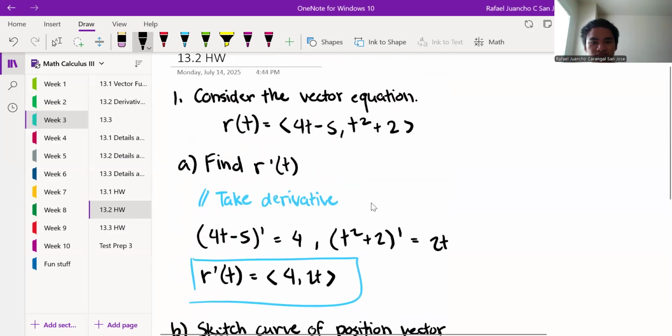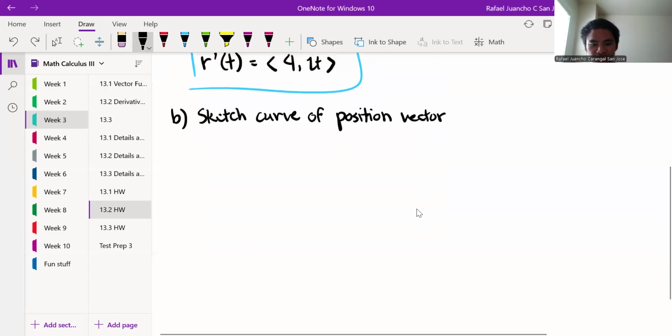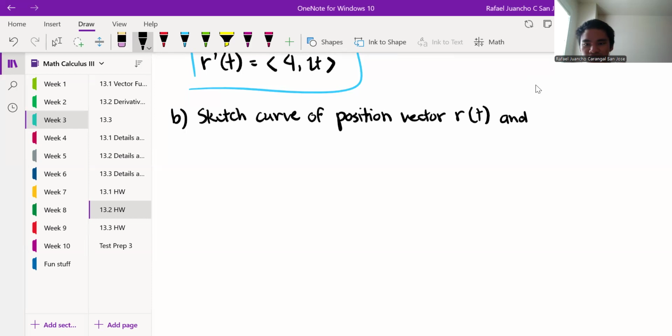It's this thing here, R of t. So that's the position vector. Okay, it's a good thing they mentioned it in the exercises. And tangent vector. So this one is R prime of t.